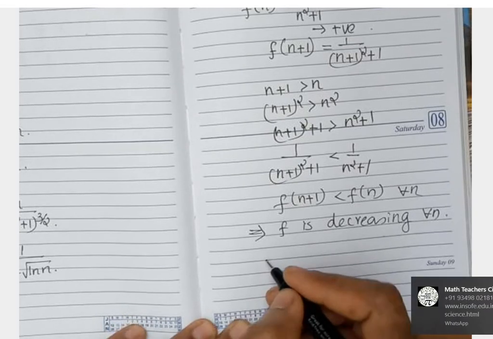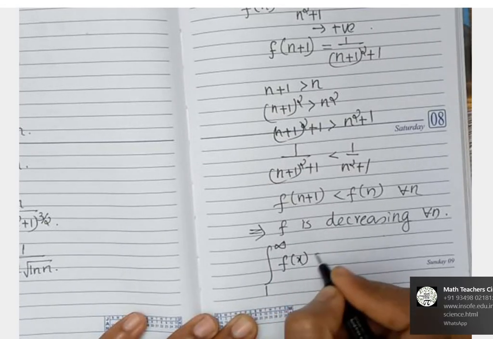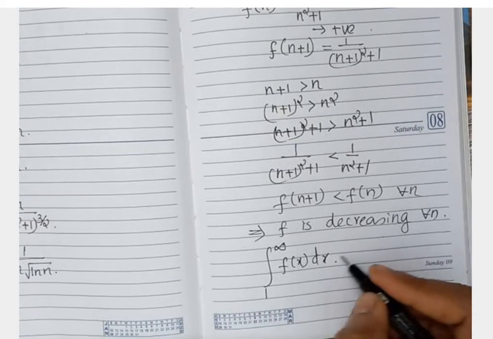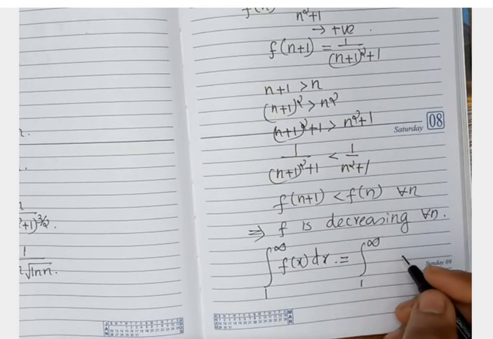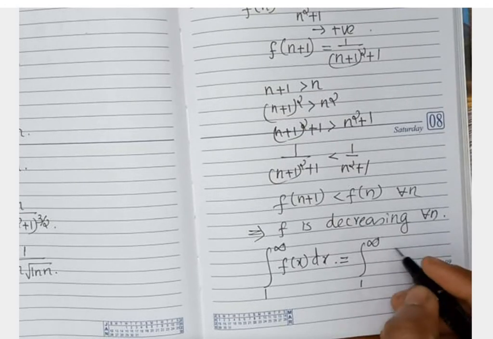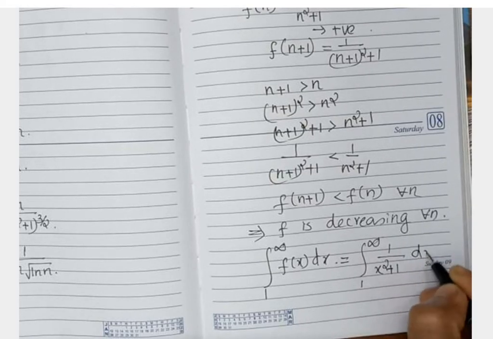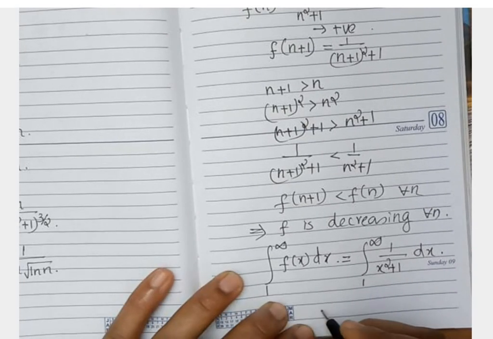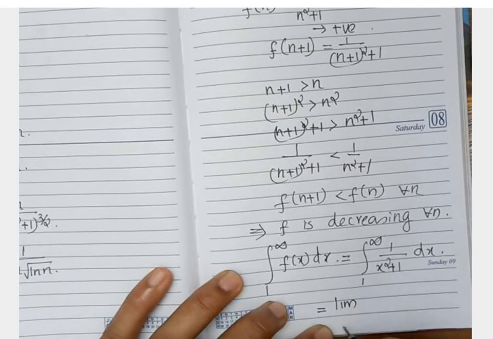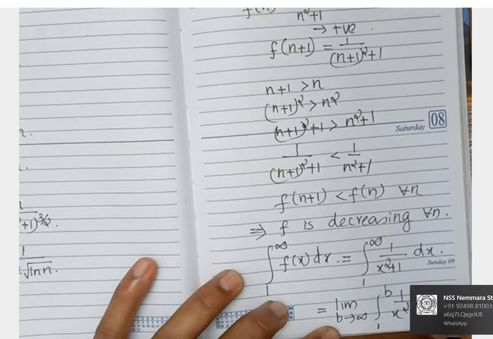So find the integral from 1 to infinity of f of x dx. This is the integral from 1 to infinity of 1 by x squared plus 1 dx. This is actually the limit as b tends to infinity of the integral from 1 to b of 1 by x squared plus 1 dx.